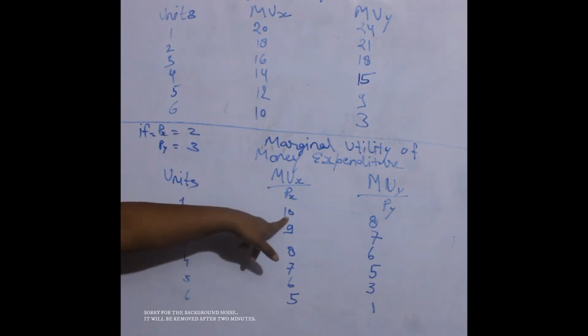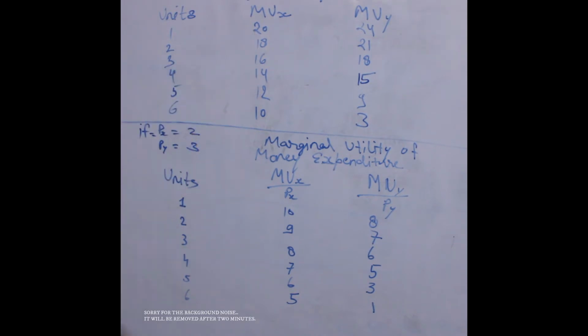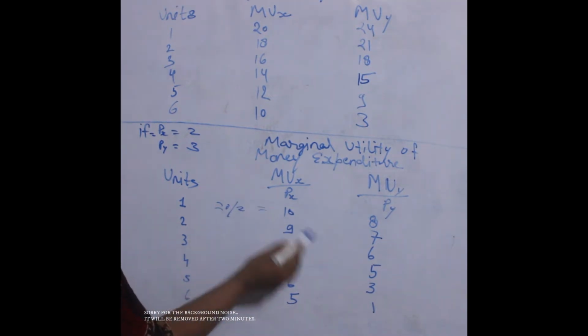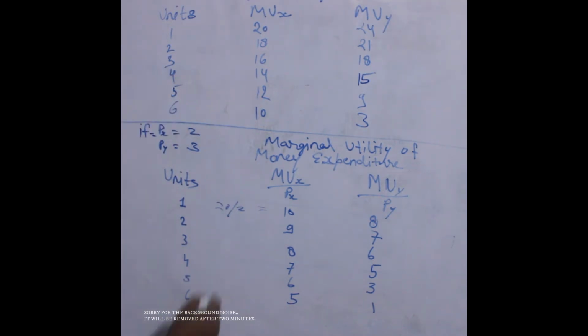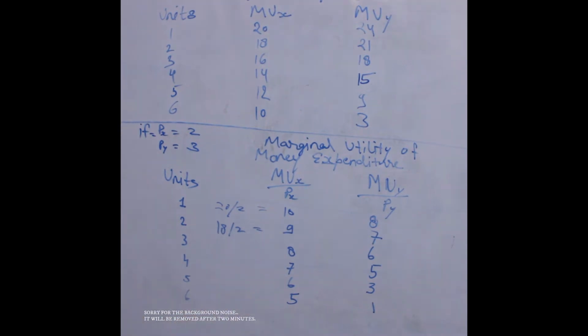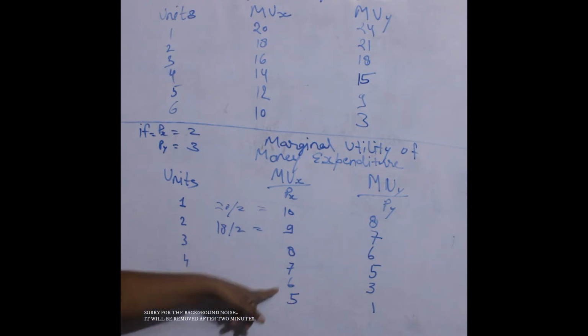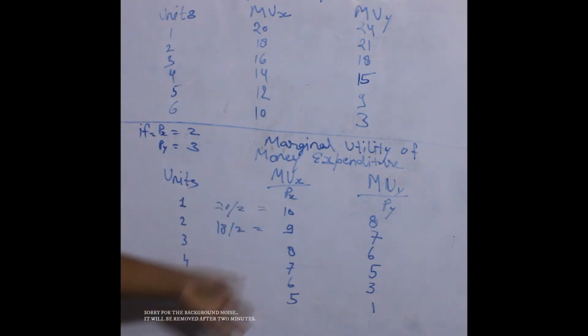We have got this by dividing 20 by 2, right? 20 by 2 is equal to 10. 18 by 2, we have got 9. Likewise 16 by 2 is 8, 14 by 2 is 7, 12 by 2 is 6 and 10 by 2 is 5.